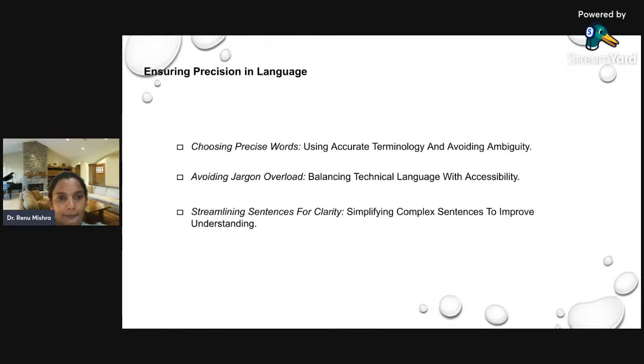No. Instead, it is to tell others what we have done in a manner that they understand easily. That is achieved by editing and proofreading.